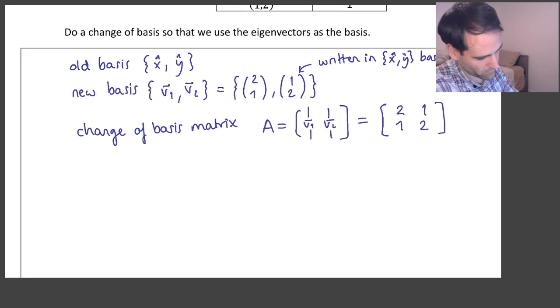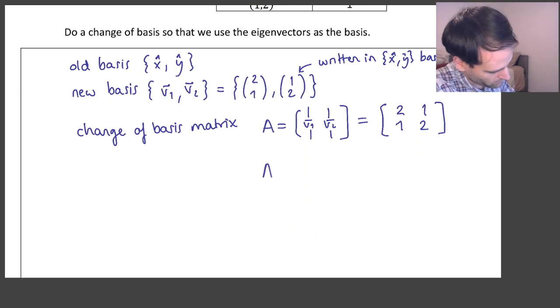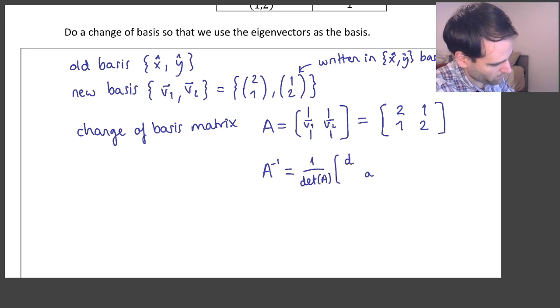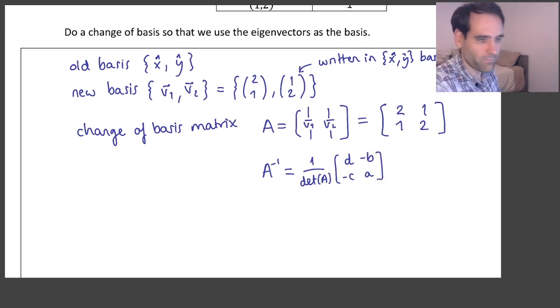Now, we will also need the inverse, as you know, yeah? So the inverse is going to be 1 divided by the determinant of A times d, minus b, minus c, a, where I used the typical notation where the original matrix is a, b, c, d.